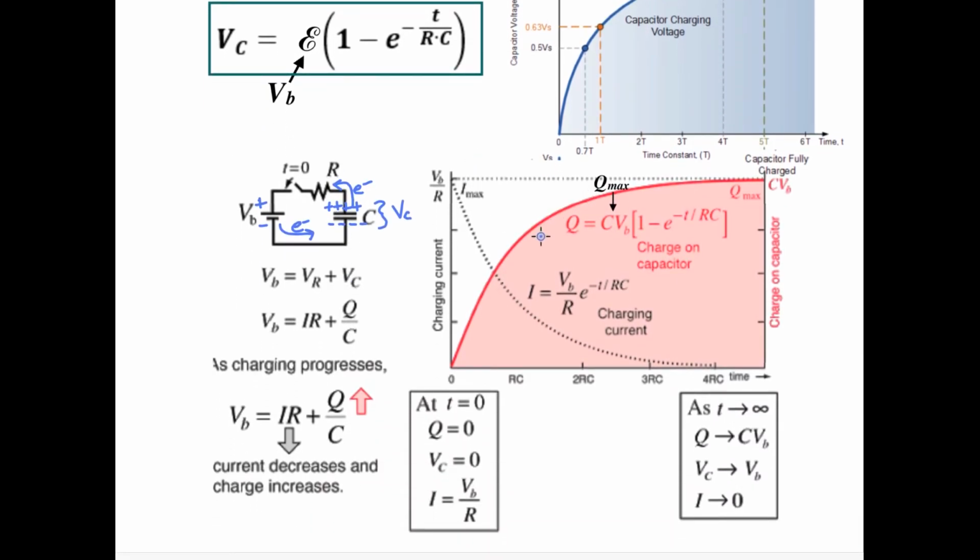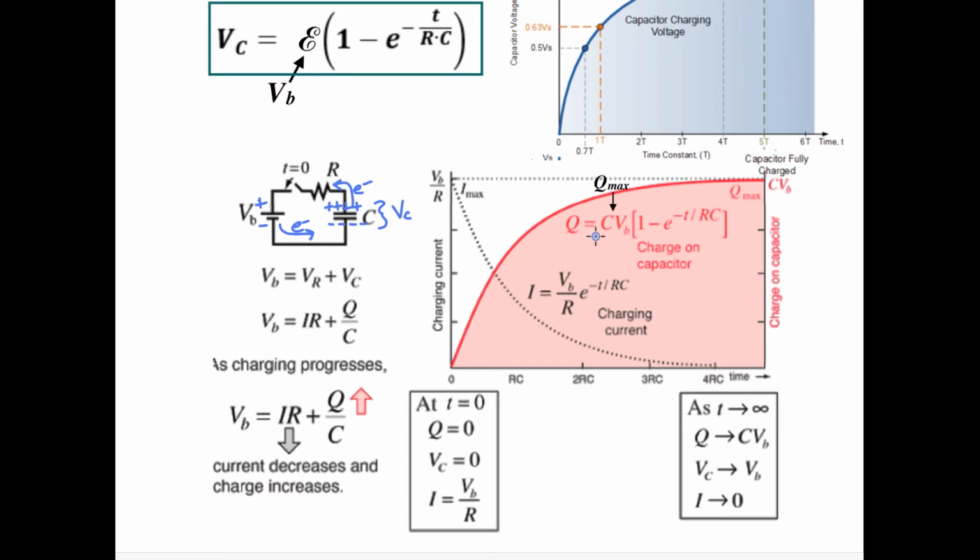We have a lot of graphs, including ones that are overlapping here. This should make sense. This red graph is our charging. We can see we're charging, and I think the area under this graph is going to be our Q. We're reaching some maximum charge that we're building up here. For Q, we have another formula with a natural log here. Q equals C times V, and that V is the voltage of the battery.